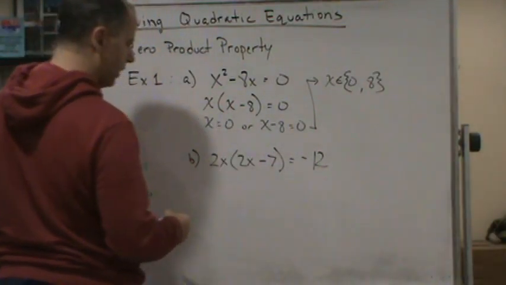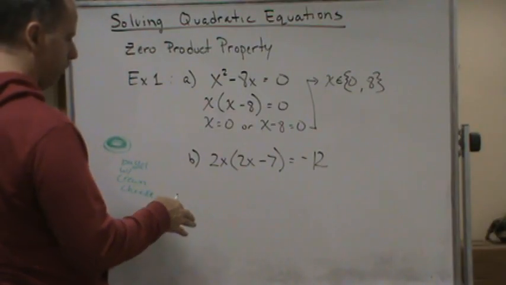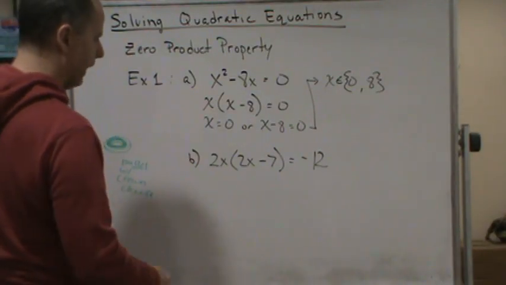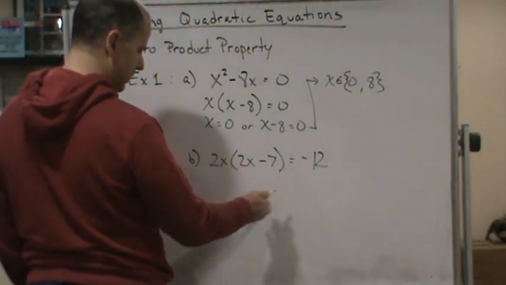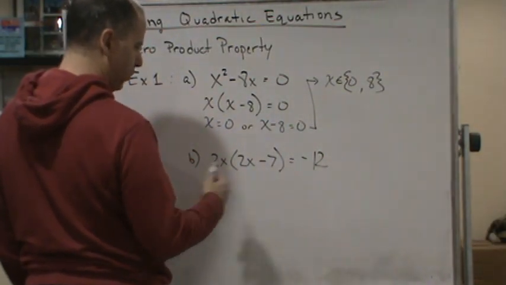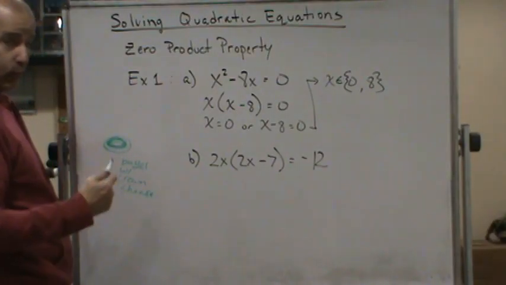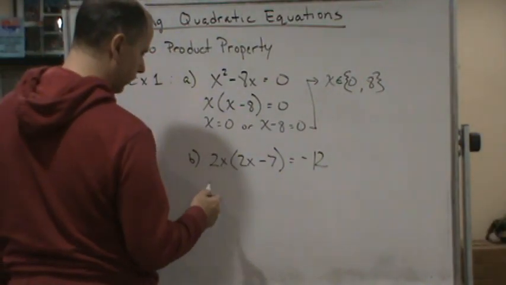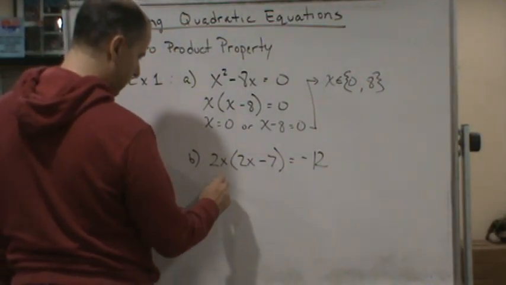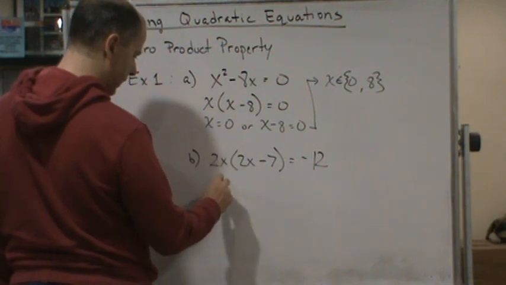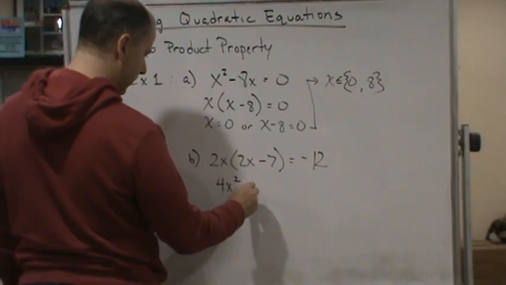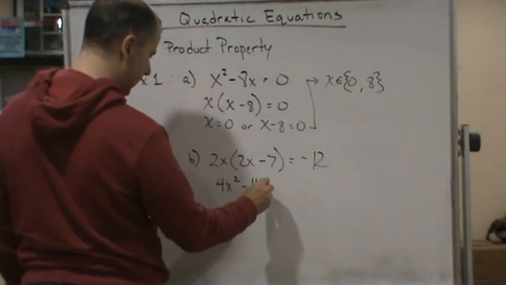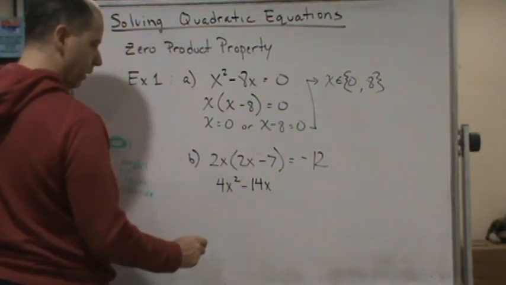Now this one we have to kind of get into standard form. Right now it's not. So the first thing we're going to do is expand this and move everything around and put it in a quadratic form, right? Standard form. Okay. So we're going to multiply through. So that's going to give me 4x squared minus 14x, right?